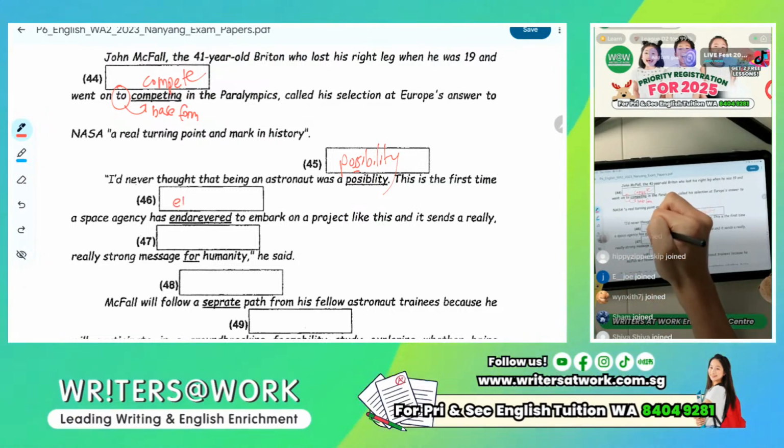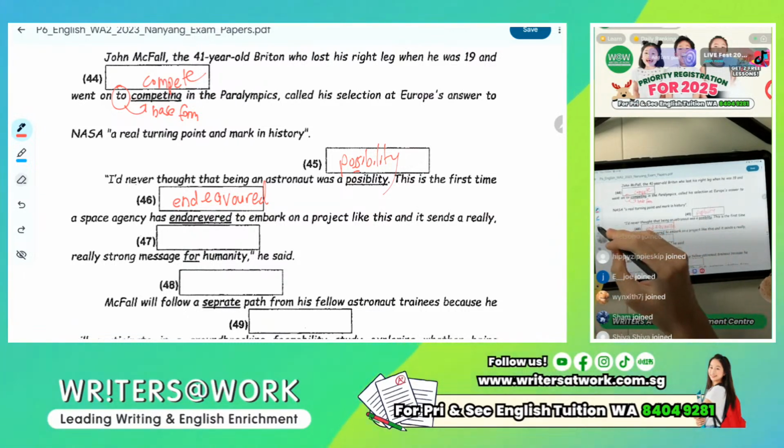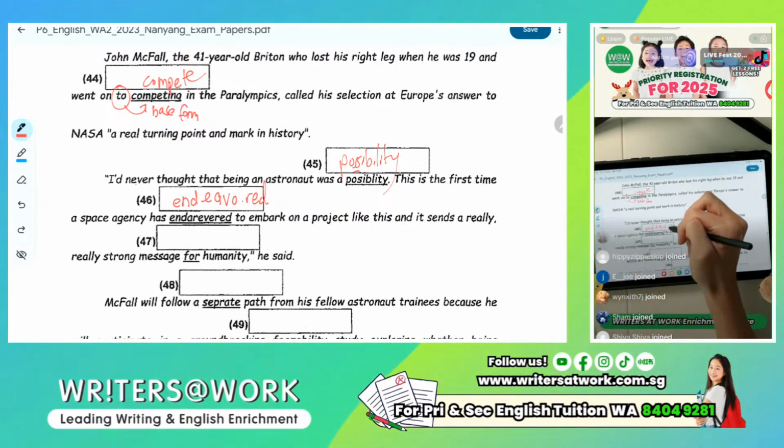So this is how you spell endeavored. V-O-U-R, sorry.